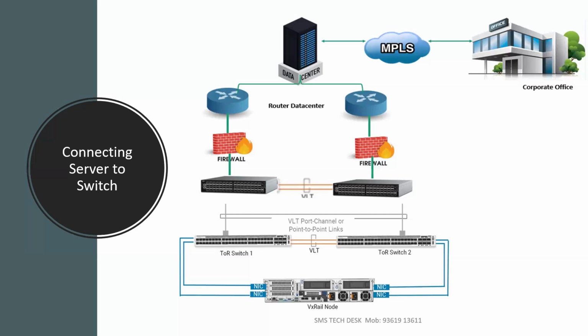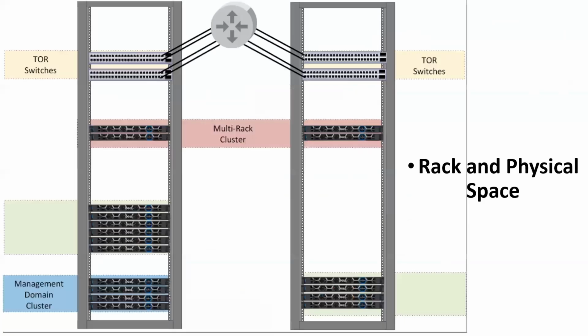Before we start the ESXi installation, we need to understand how the hardware will be placed in the data center, the cabling of those servers, which cables are used, and how the servers will be connected to the power supply in the rack. Those things we are going to understand. After that only we are going to start with the ESXi installation.